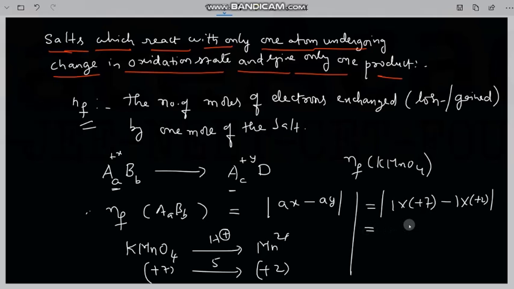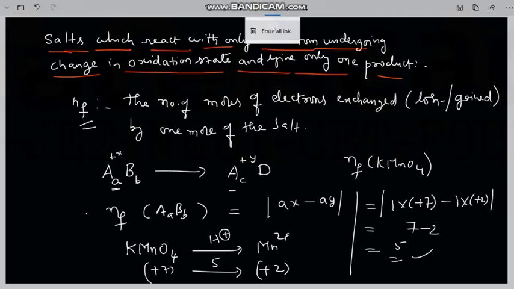So this will be 7 minus 2. We got the answer 5. In this way we can calculate the n factor for an element in a compound which completely changes its oxidation state by giving only one product in this reaction.